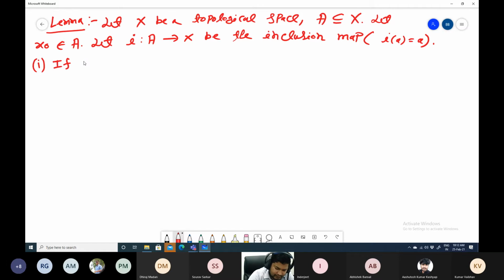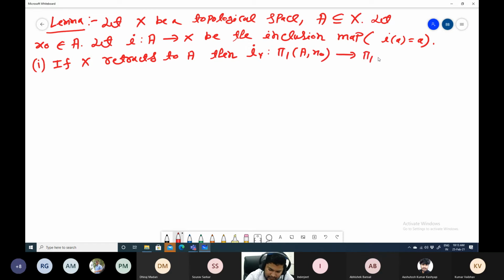Now if X retracts to A, then i star, which is from pi1 of (A, x0) to pi1 of (X, x0), is injective.